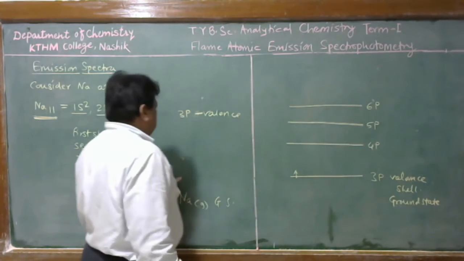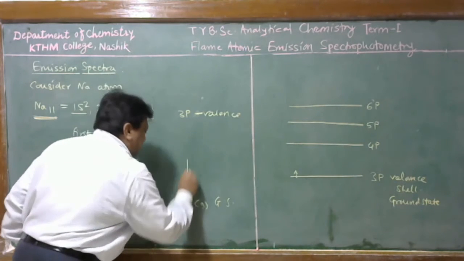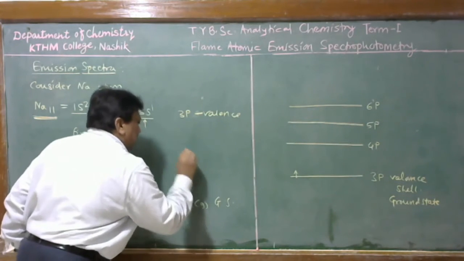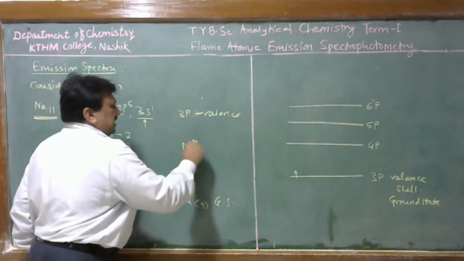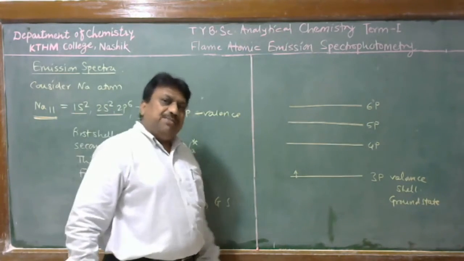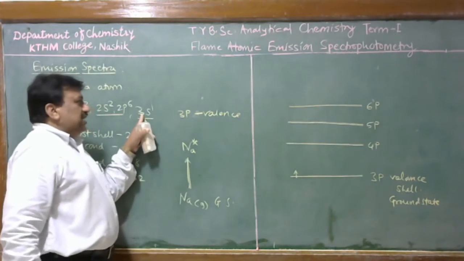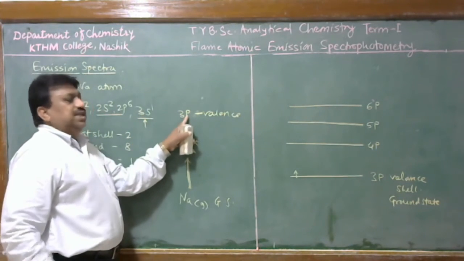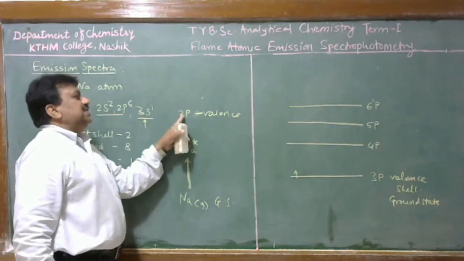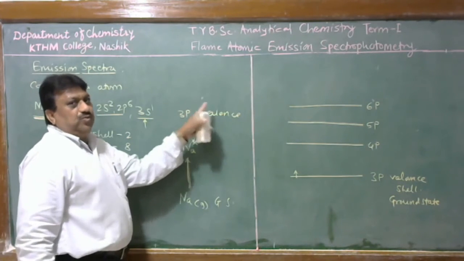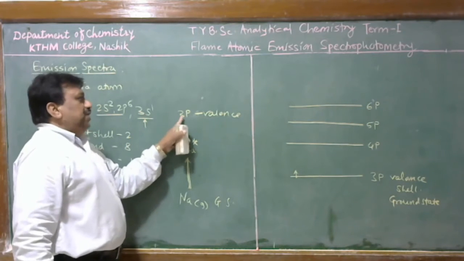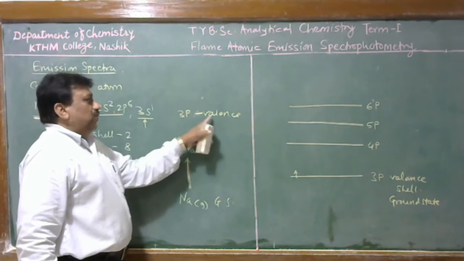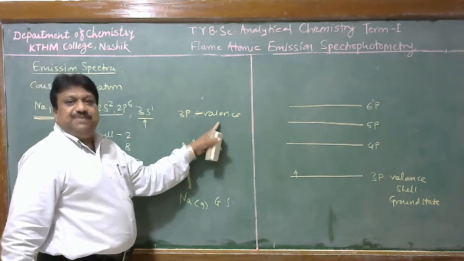Therefore, here when this sodium gas atom absorbs thermal energy, then it is given into the excited state. That means what happens? This 3s electron is promoted to the 3p level, or 3s to 4p, 3s to 5p, or 3s to 6p.